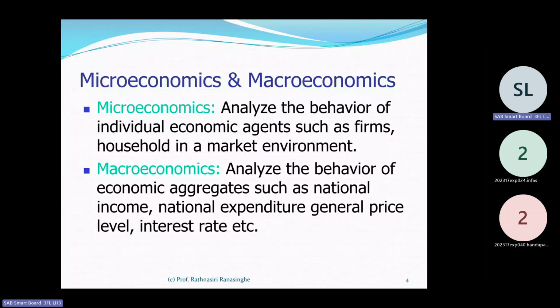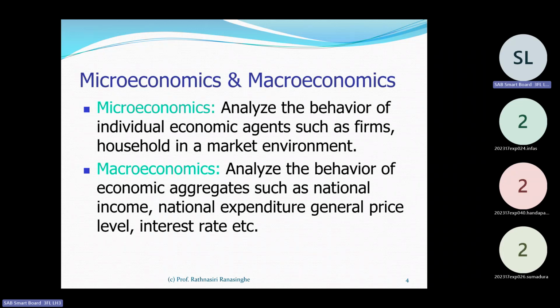That provides useful evidence in managing risk. Economic theory is generally applied in different areas, and macroeconomics is also very important in decision making. So those are the two branches in economics.